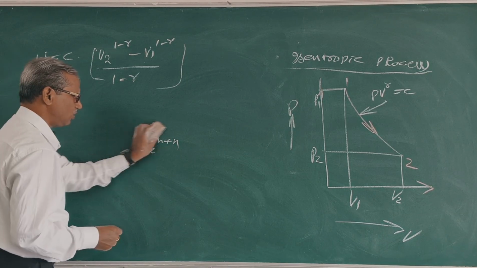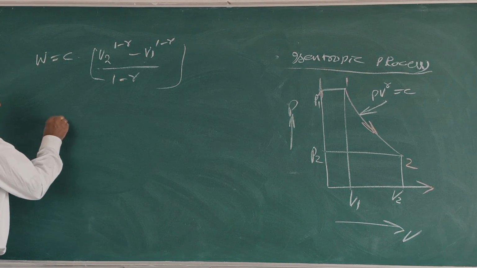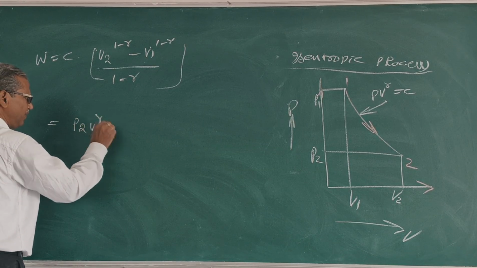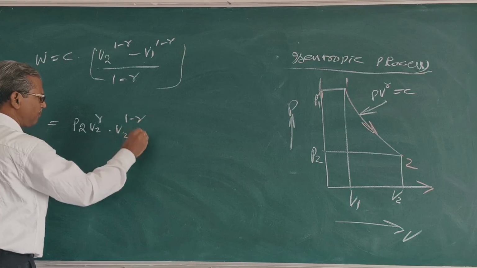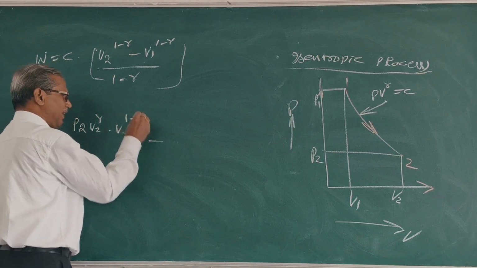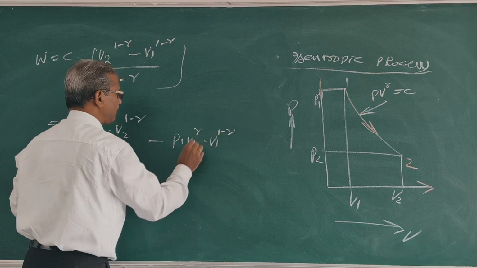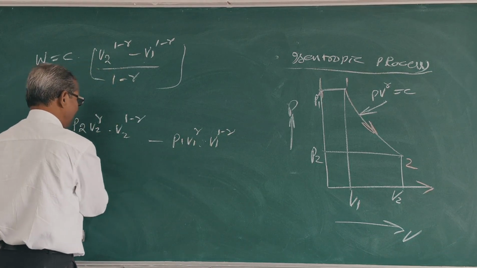Here also, C is equal to P2 V2 to the power gamma into V2 to the power of 1 minus gamma, minus P1 V1 to the gamma into V1 to the power 1 minus gamma, whole by 1 minus gamma. Clear?